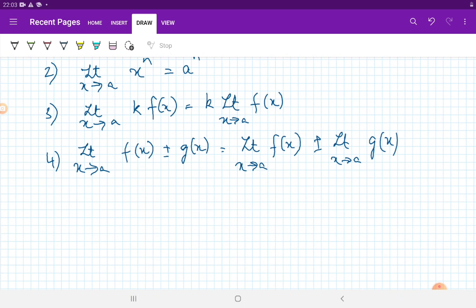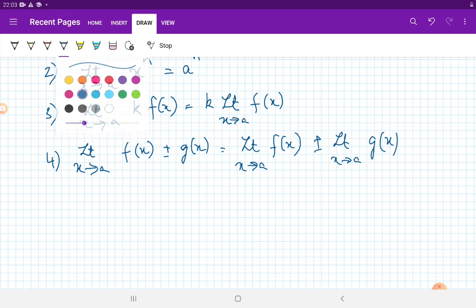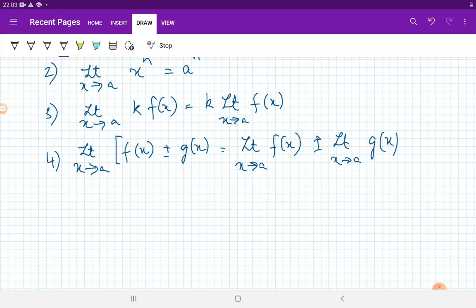The fourth rule is that if you have an addition or a subtraction of two functions of x and you need to find the limit x tends to a of this combination, you can always split it up as limit x tends to a f of x plus or minus limit x tends to a g of x.